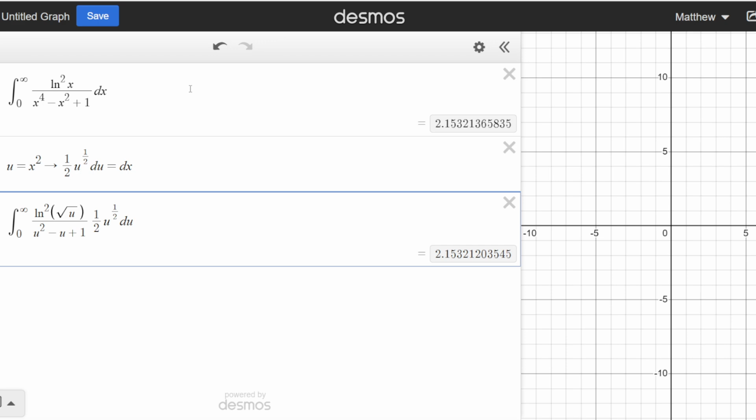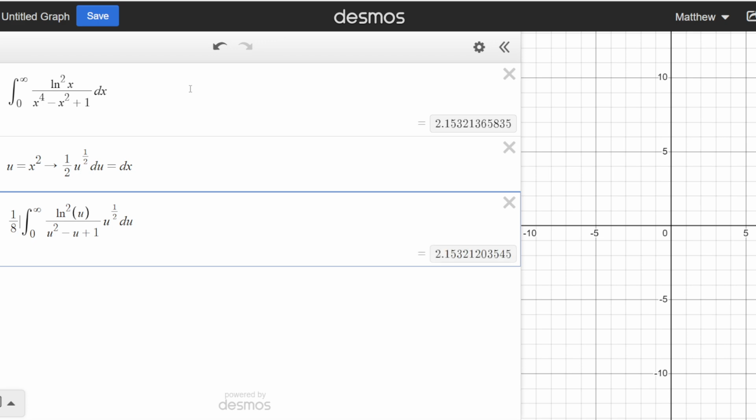Now, it looks a lot messier now. But let's see what we can do. Of course, we can bring this 1/2 outside. Let's see, natural log squared of u. I believe we can take this square root out as a 1/4. And now it's going to become a 1/8.